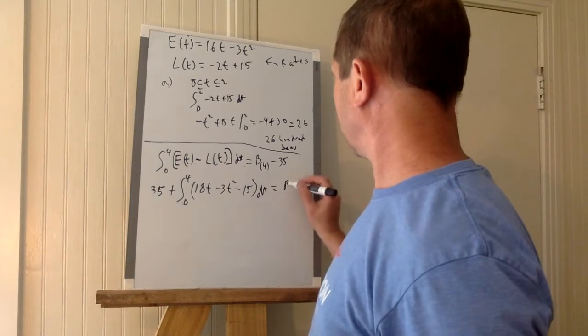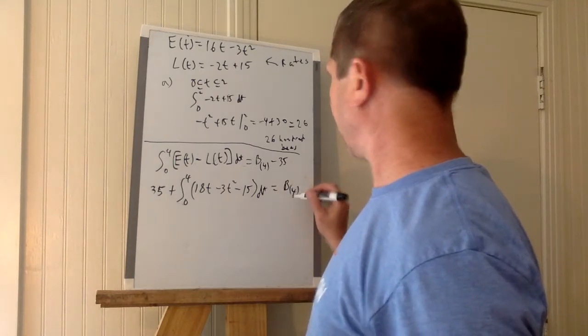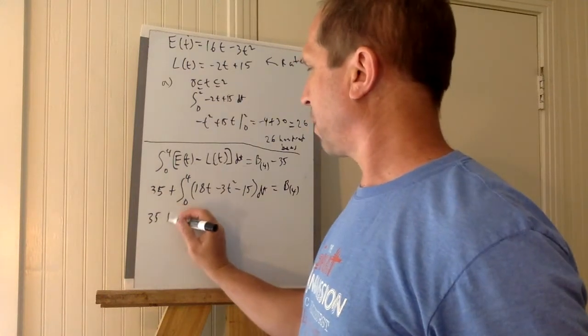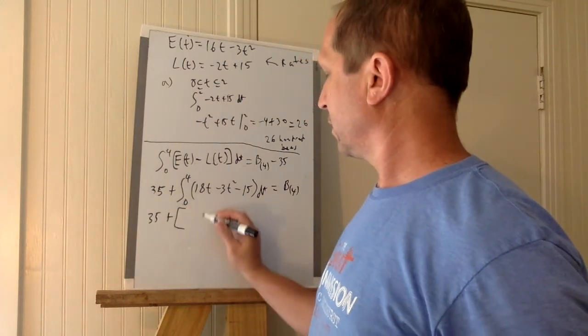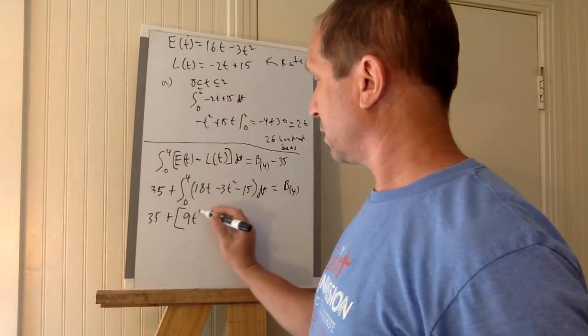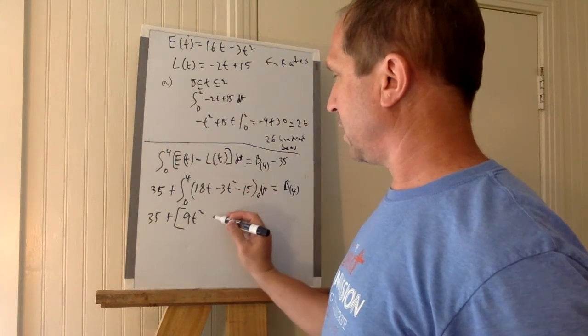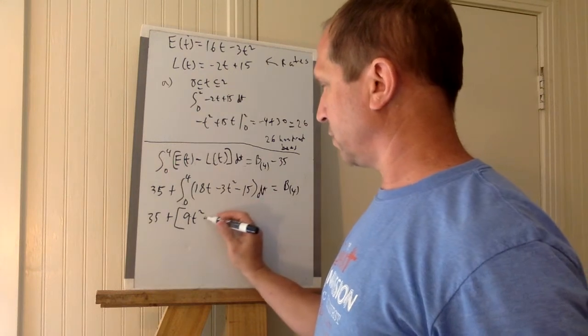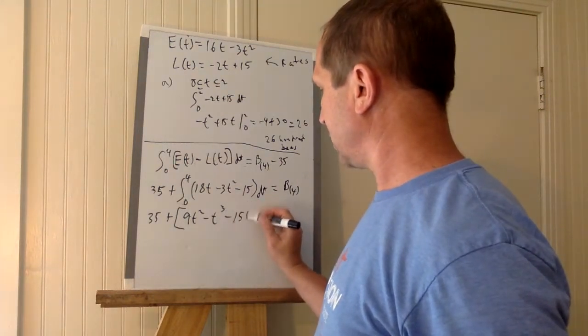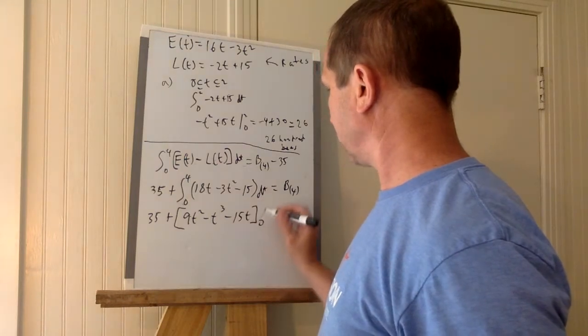And that's going to equal the bees at time 4. So 35 plus, this becomes 18t squared over 2, which would be 9t squared. Negative 3t cubed over 3, which would be negative t cubed. And then minus 15t. And we're going from 0 to 4.